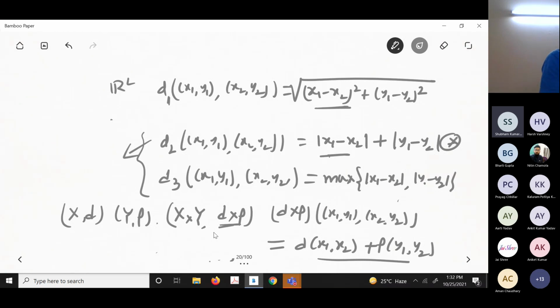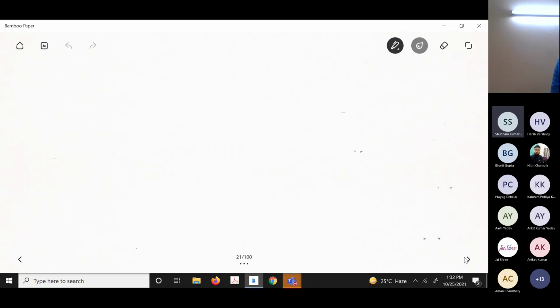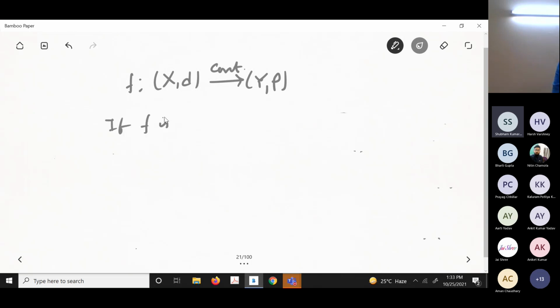Now look, I'm explaining more of the background of this problem. So suppose you have this. And if f is continuous, then the graph G_f, the graph of f, is closed in X cross Y, with respect to that metric.